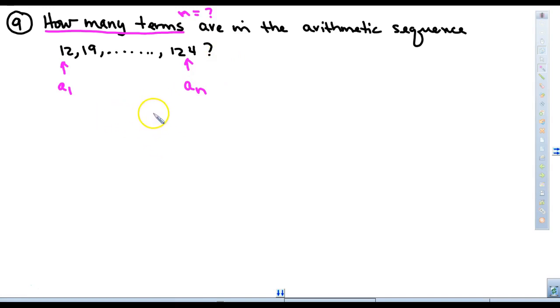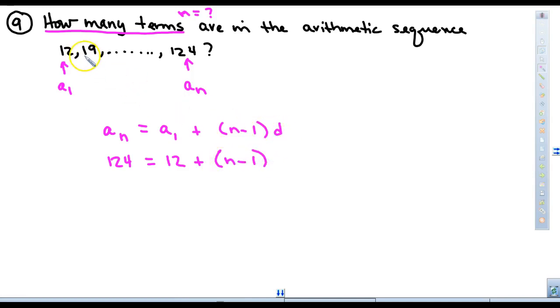So we're going to figure this out by using our formula for an arithmetic sequence, that a sub n is equal to a sub 1 plus n minus 1 times d. So a sub n is 124. That's my last term. A sub 1 is 12. That's my first term. N is what we're looking for, so I'm going to leave that there.